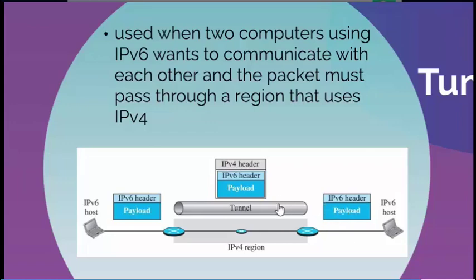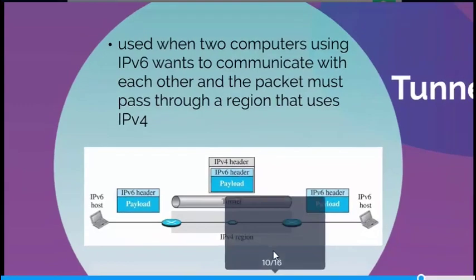So the IPv6 header will be wrapped around with an IPv4 header, so that even if it passes through a network where IPv4 technology is still being used and IPv6 is not, it can still work. The packet can still pass through that route. So that is tunneling.